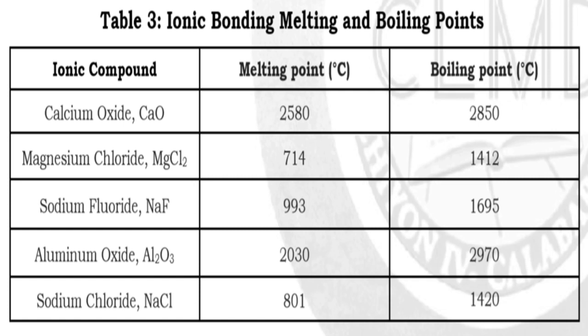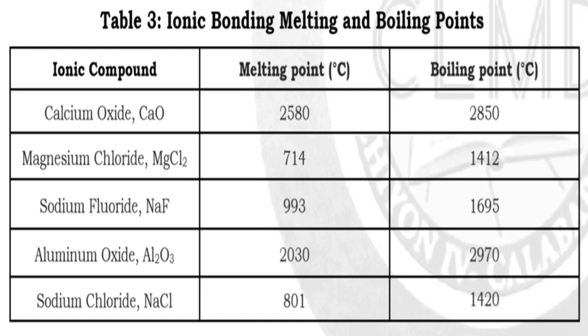Boiling point, 2850 degrees Celsius. Next one, we have magnesium chloride, formula MgCl2. Melting point, 714 degrees Celsius. Boiling point, 1412 degrees Celsius. Third one, sodium fluoride, formula NaF.